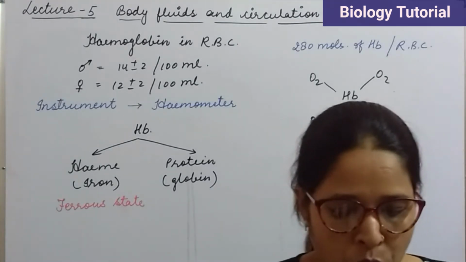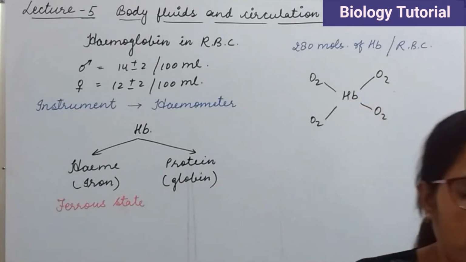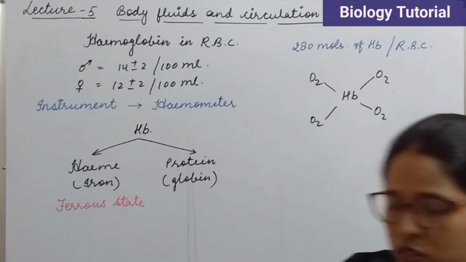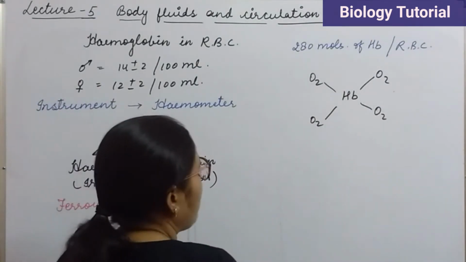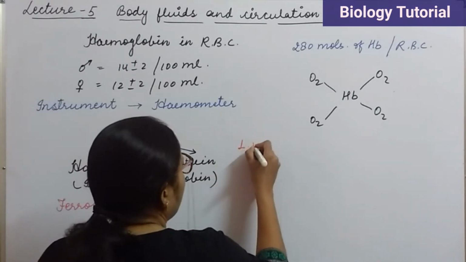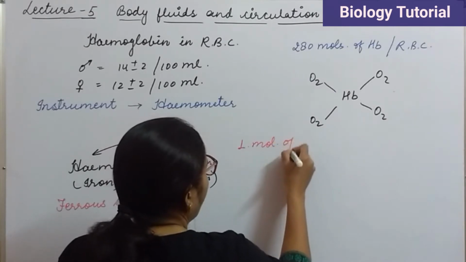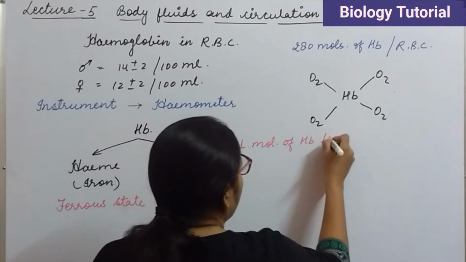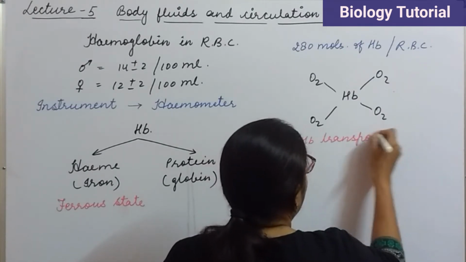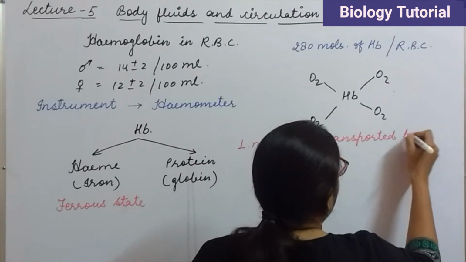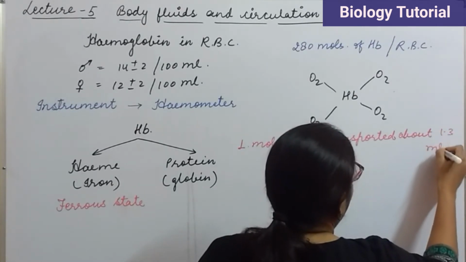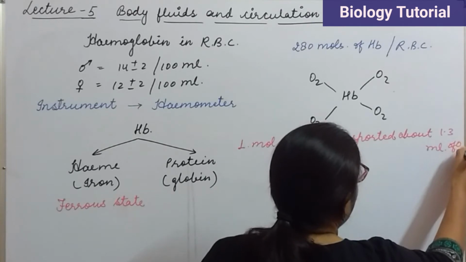So 1 gram of hemoglobin transports approximately 1.3 ml of oxygen. These are the data which you have to learn. 1 molecule of hemoglobin transports about 1.3 ml of oxygen.